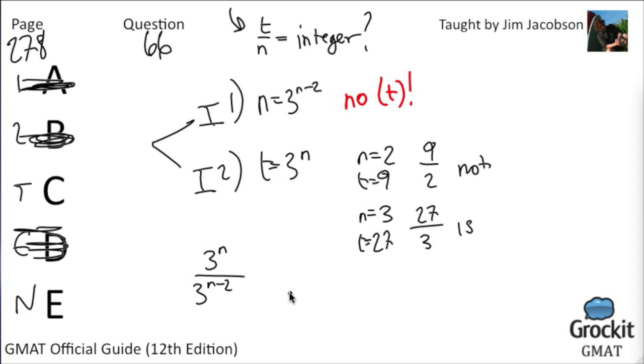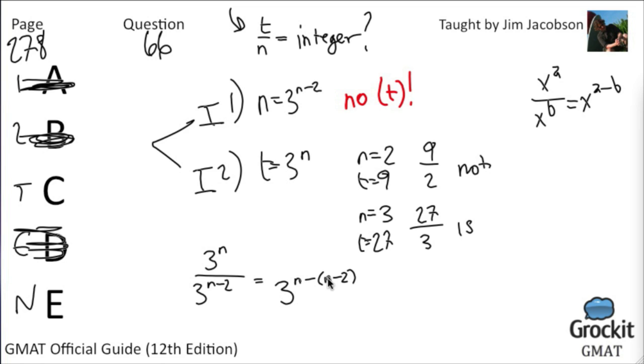Remember, when you have two exponents of the same base and you divide one by another, like x to the a over x to the b, that equals x to the a minus b. So it works the same way here. This is 3 to the n minus n minus 2.